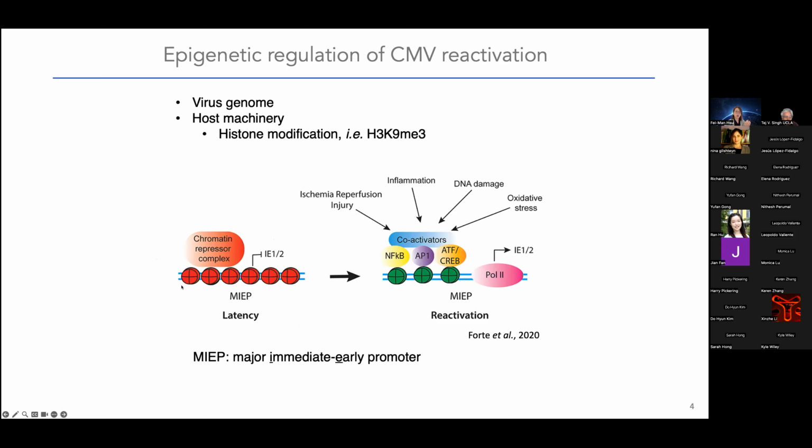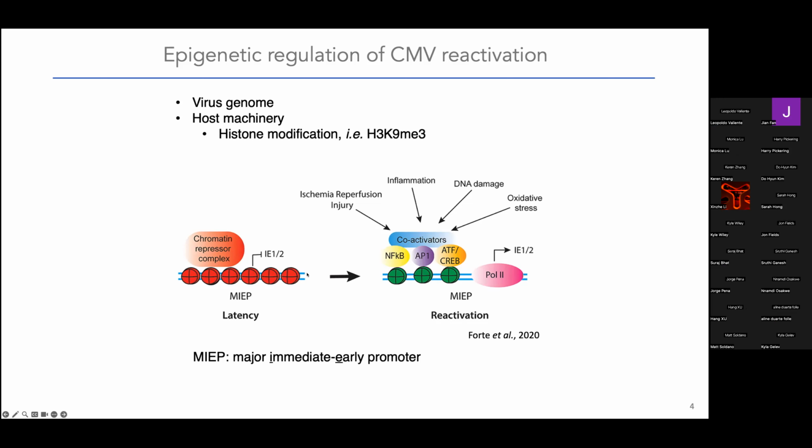In latency, the histones become more condensed to each other, because the chromatin is less accessible and inactive and more enriched with chromatin repressor complexes. At this stage, the immediate early genes, the lytic phase genes, are silenced, which means the downstream genes will not be active.